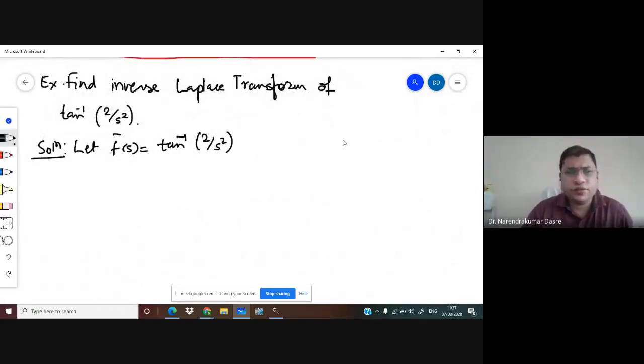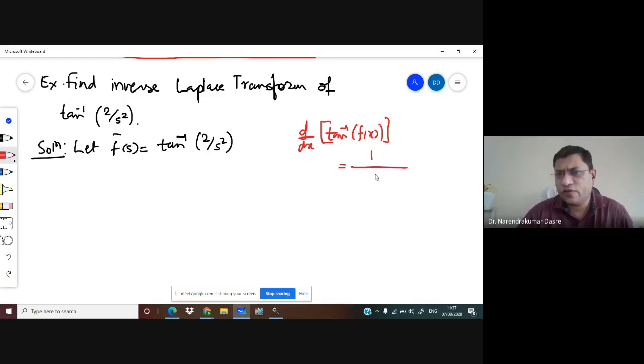Now taking the derivative of this tan inverse. What we know is d by dx of tan inverse of f of x is equal to 1 upon 1 plus f of x square into d by dx of f of x. That's how we have to find the derivative.